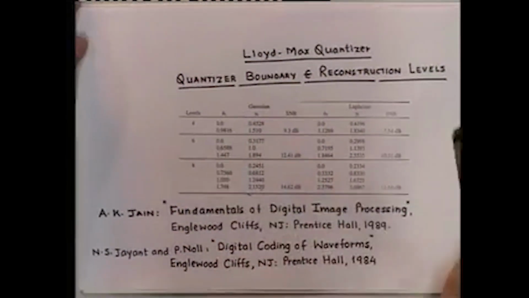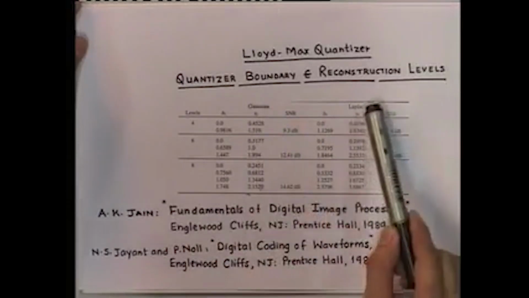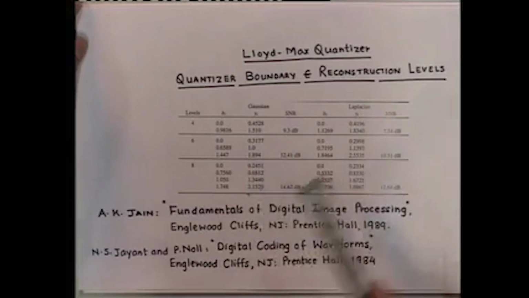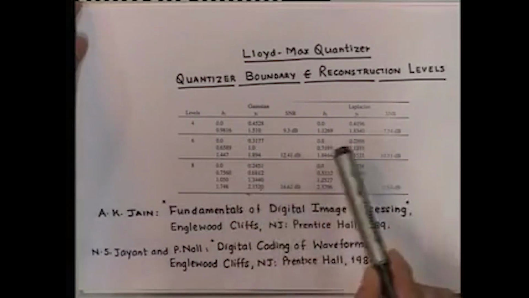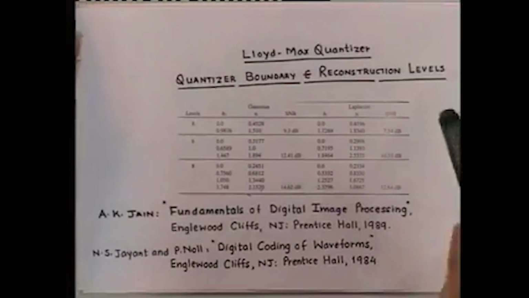For example, in this table which we saw earlier, the values were obtained under the assumption of either Gaussian PDF or Laplacian PDF, and it was also assumed that the input PDF have 0 mean and unit variance.